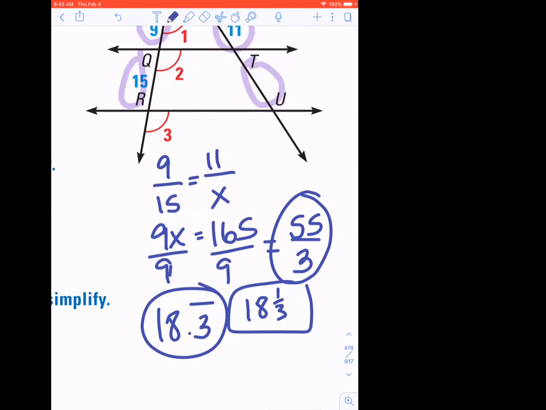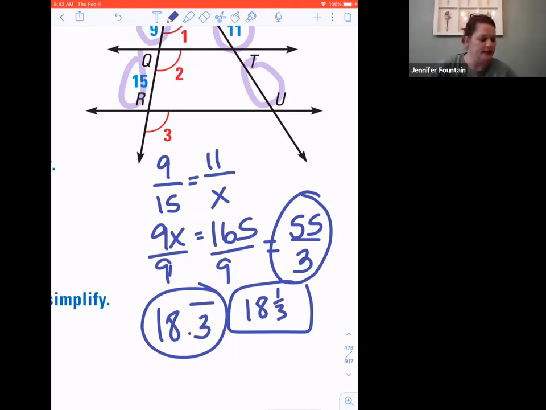Could you simplify that to 18 or no? I guess if you wanted to round it, y'all know I'm fairly lenient if it's a rounding issue. In most of these we've seen in the book, they haven't necessarily gone with decimals unless they're actually decimals in the problem.